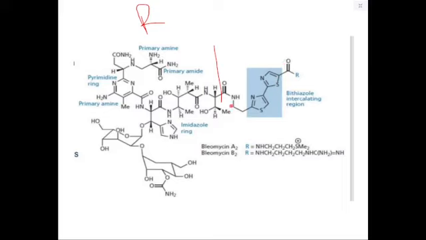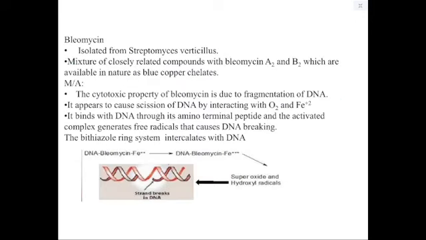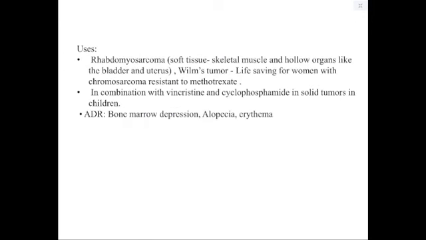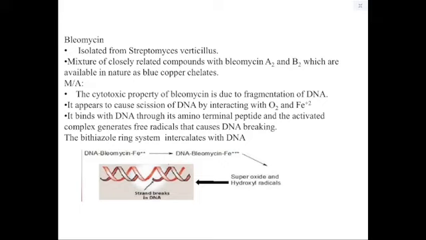So you have that amide, the ethyl group, but the bithiazole region is very important because it helps in intercalating this molecule between the bases. You can see how complex that molecule is, but it is necessary to help us in binding between the bases. So it is a mixture of closely related compounds, A2 and B2.